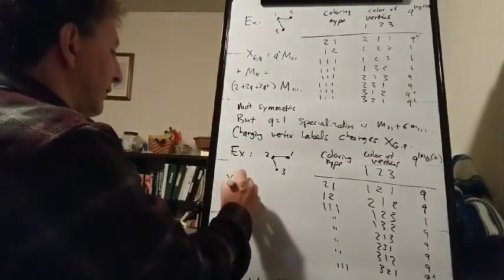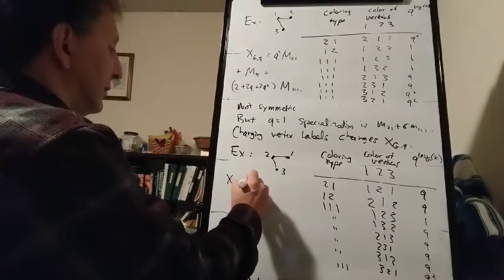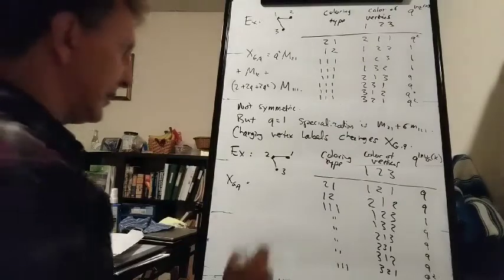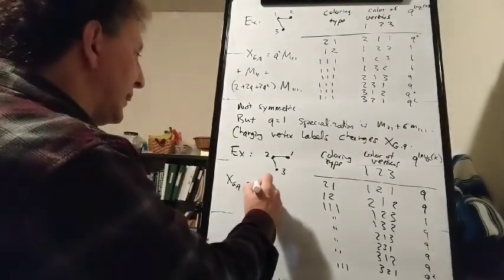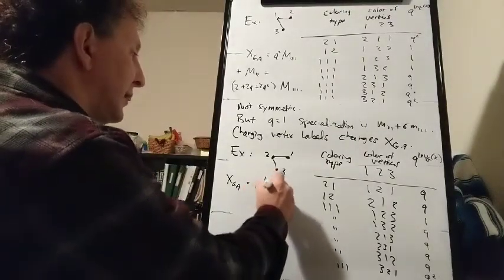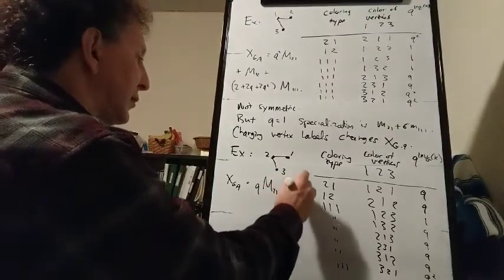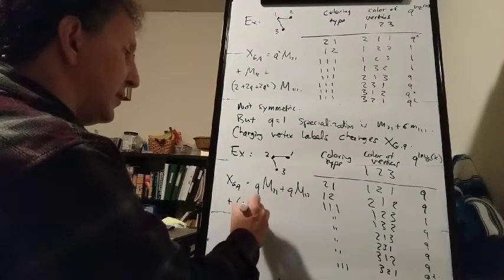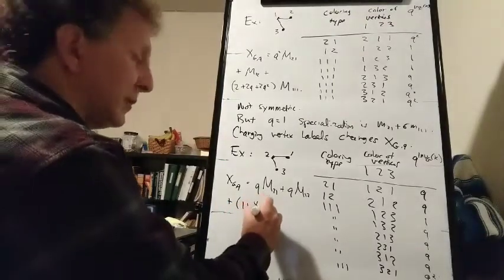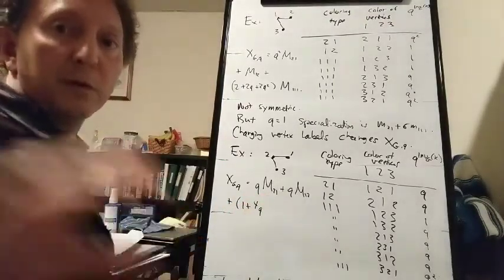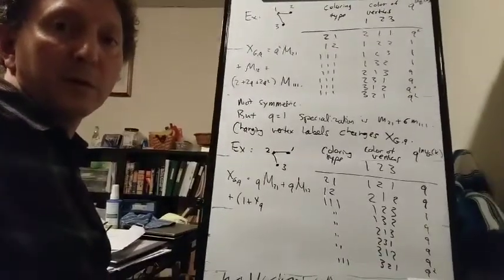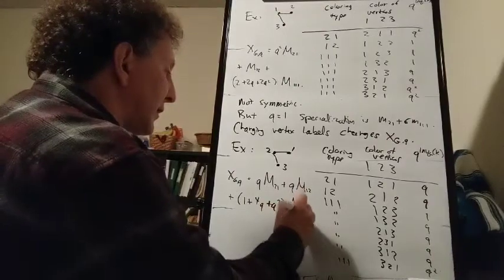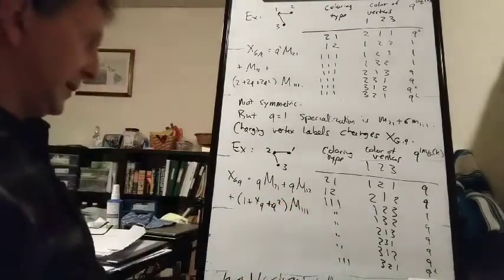So now this chromatic quasi-symmetric function looks like q m21 plus q m12 plus 1 plus 4q plus q squared m111.